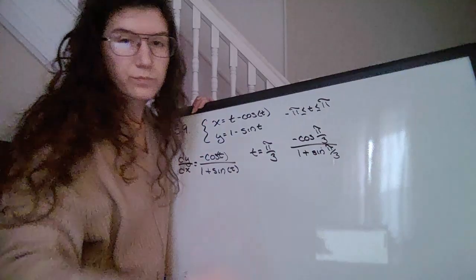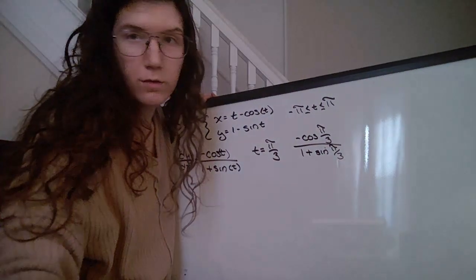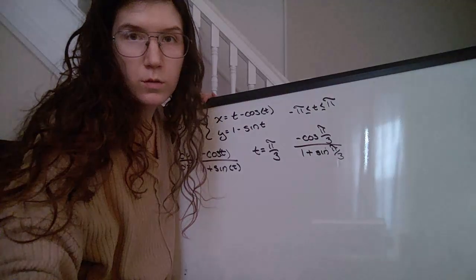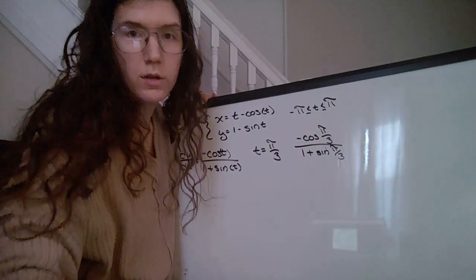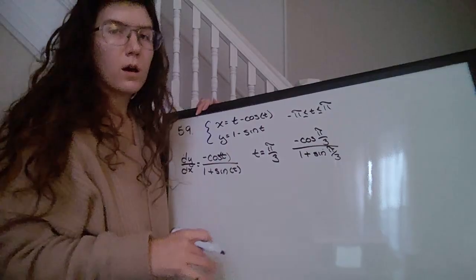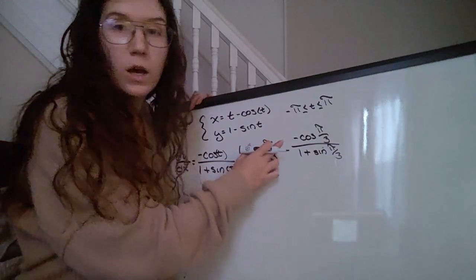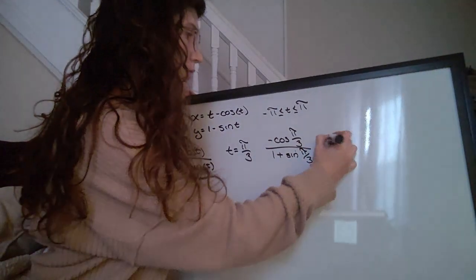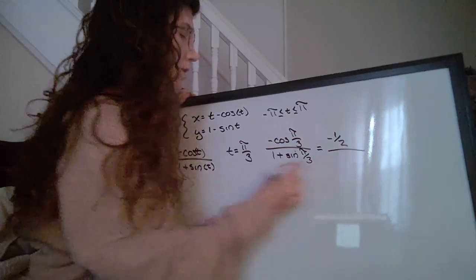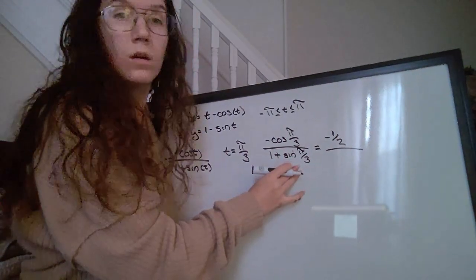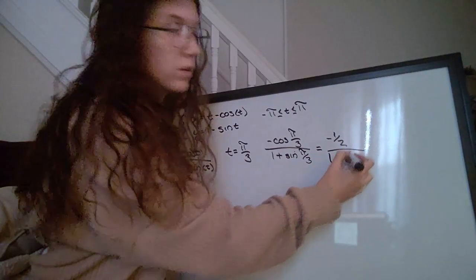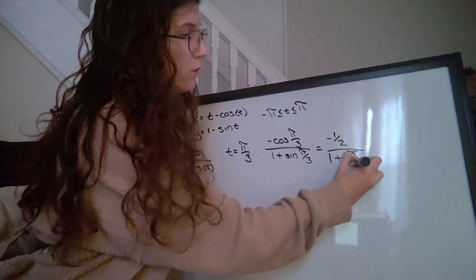I had to get my unit circle up for this. Do I not still have it up? Oh, yes, I do. Love that. So my cosine of pi over 3 is 1/2. And this is 1 plus sine, which would be 1 plus root 3 over 2.